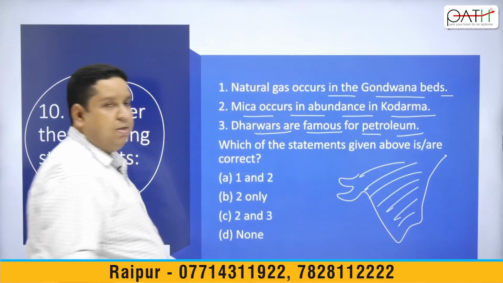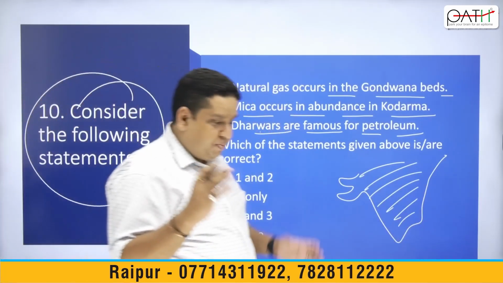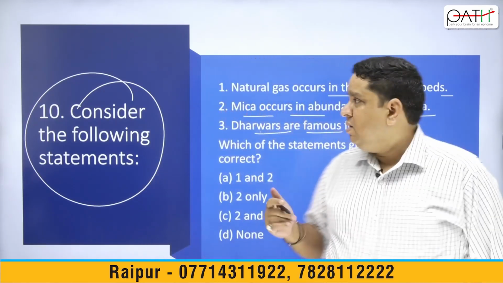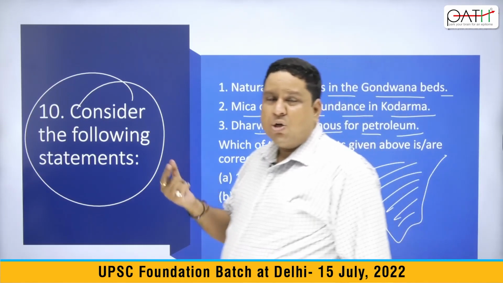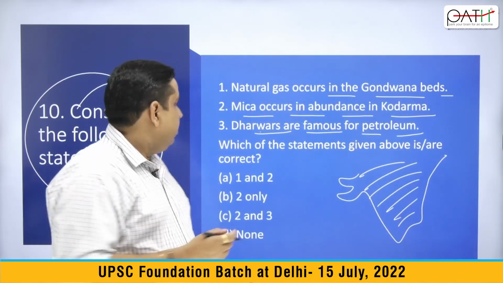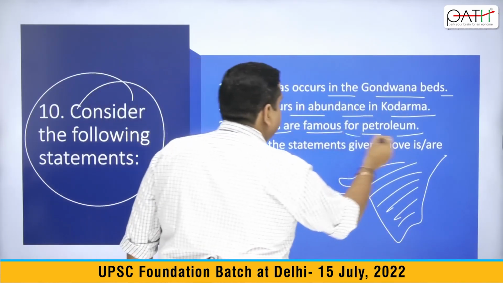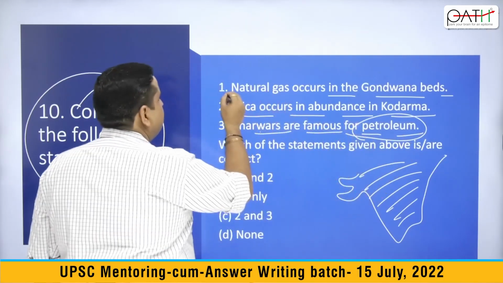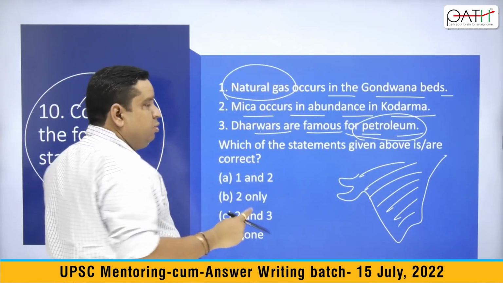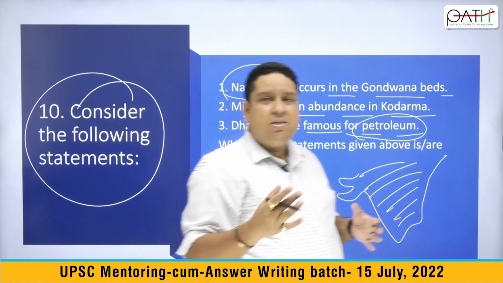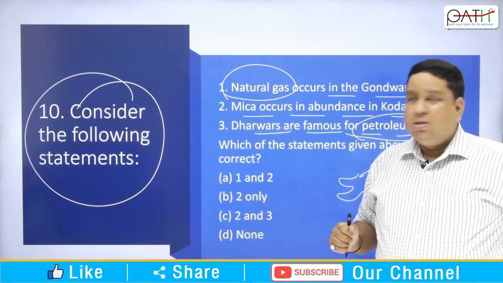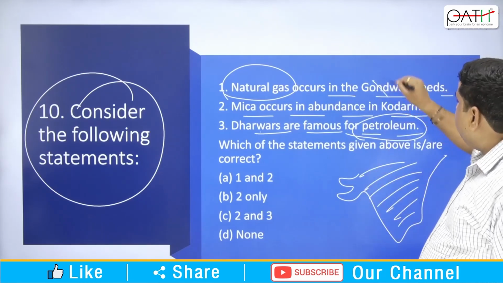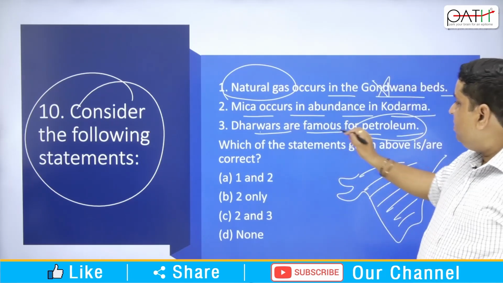Peninsular India is particularly rich in mineral resources like mica, iron ore, gold, bauxite, these type of things. These petroleum deposits or natural gas deposits you'll find in reserves where we have the sedimentary rocks or the soft rocks. These are the hard rock topography. So that's why you can rule out statement 1 also. You can rule out statement 3 also.